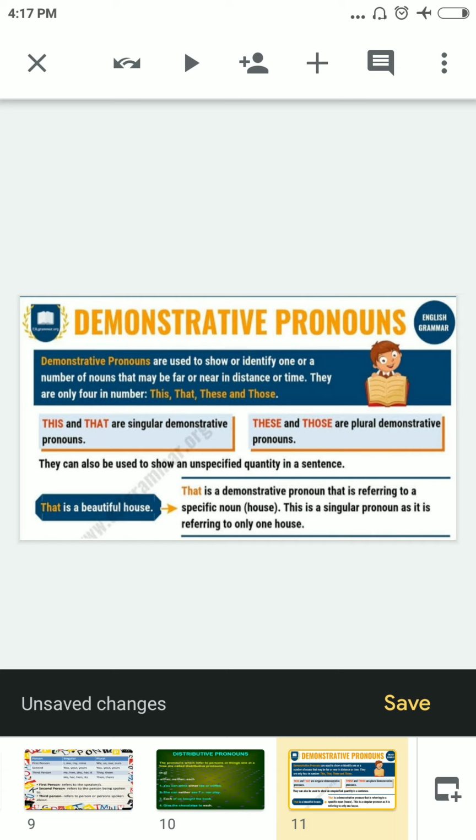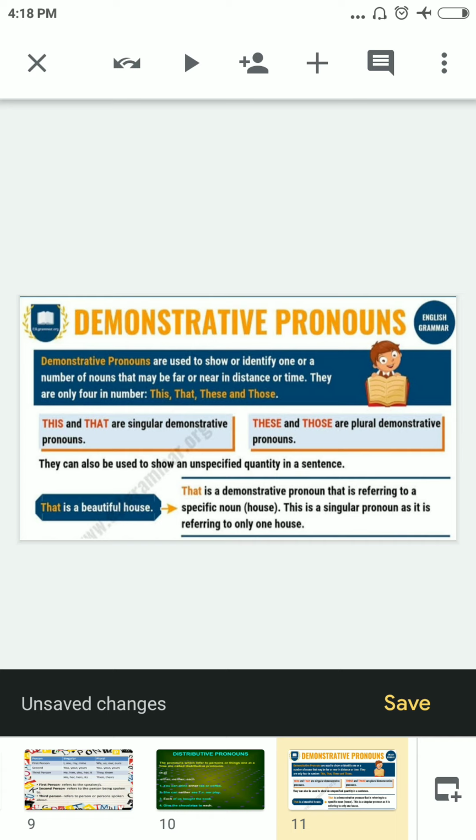So this and that are singular demonstrative pronouns, while these and those are the plural demonstrative pronouns. They can also be used to show an unspecified quantity in a sentence. Obviously, when we use these or those, you are not able to understand how many things we are talking about.